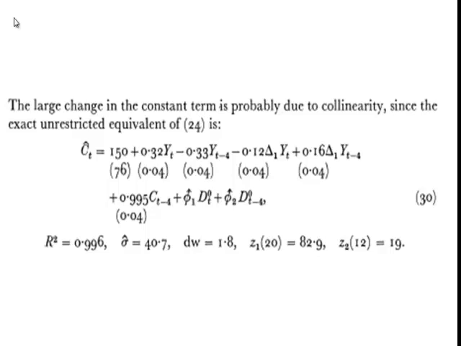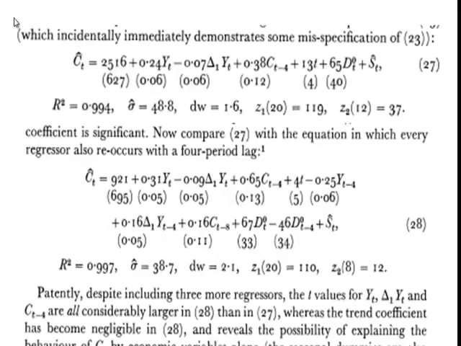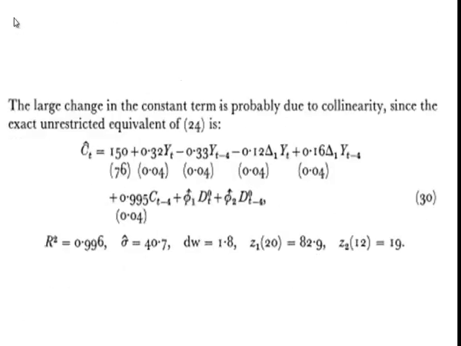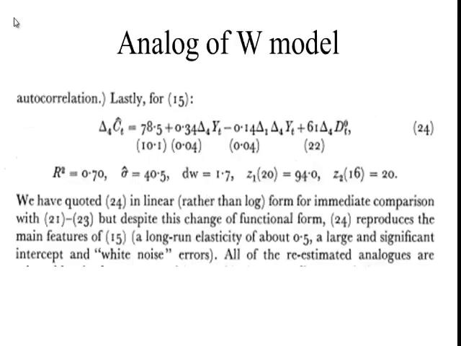There's a technical point here which I will ignore. There is one important technical point here which I don't want to ignore. Now, one thing that he is saying is, look at this equation 24.